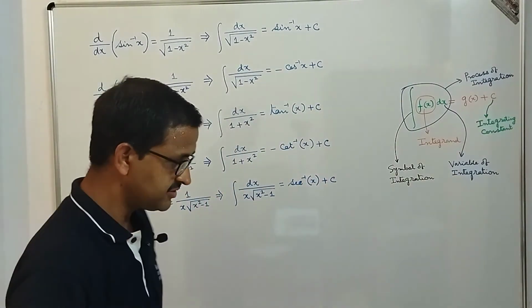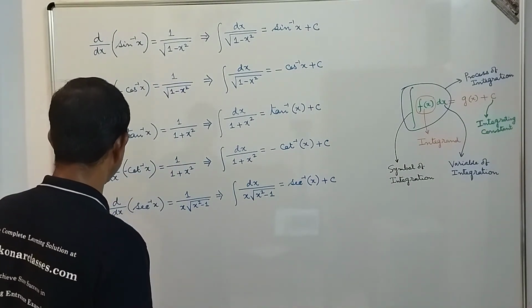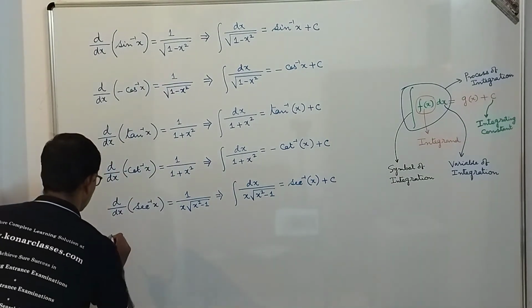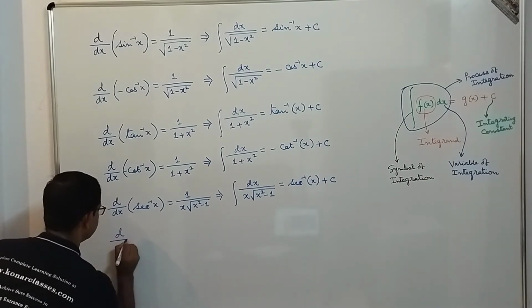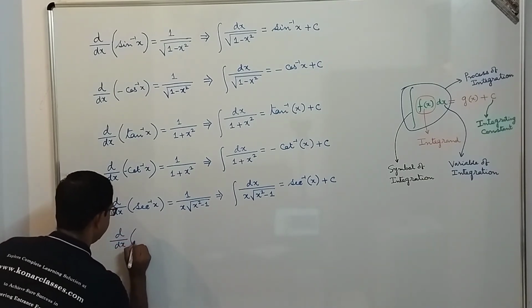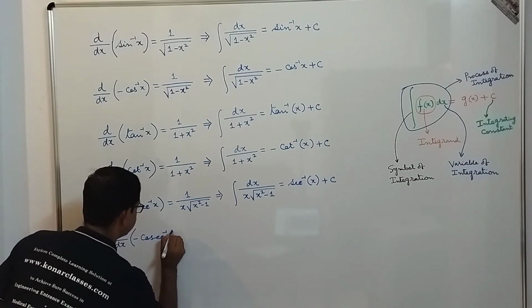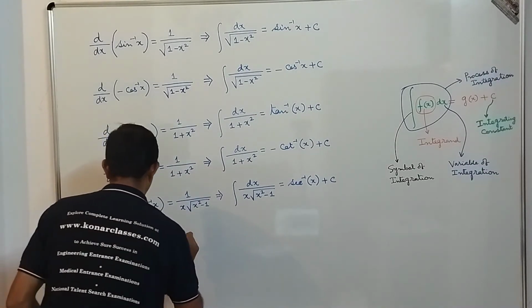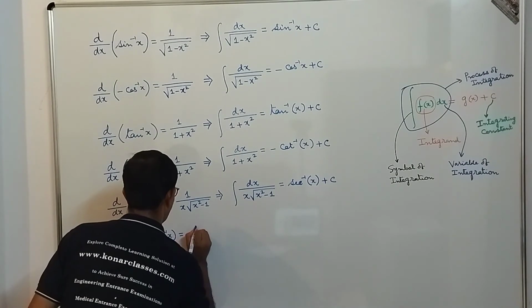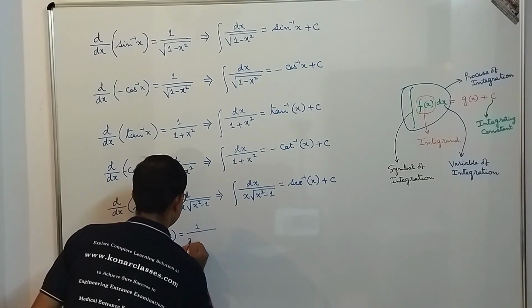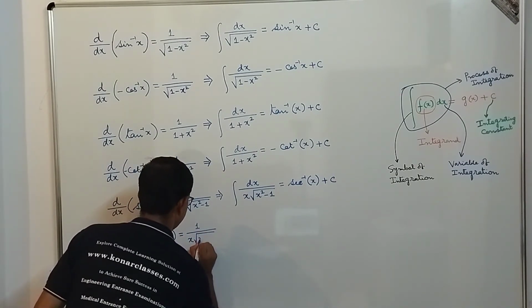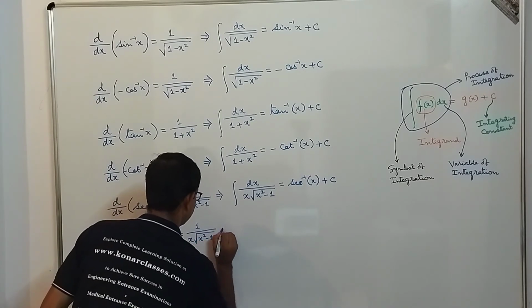Then d/dx of minus cosec inverse x is equal to 1 by x into square root of x square minus 1.